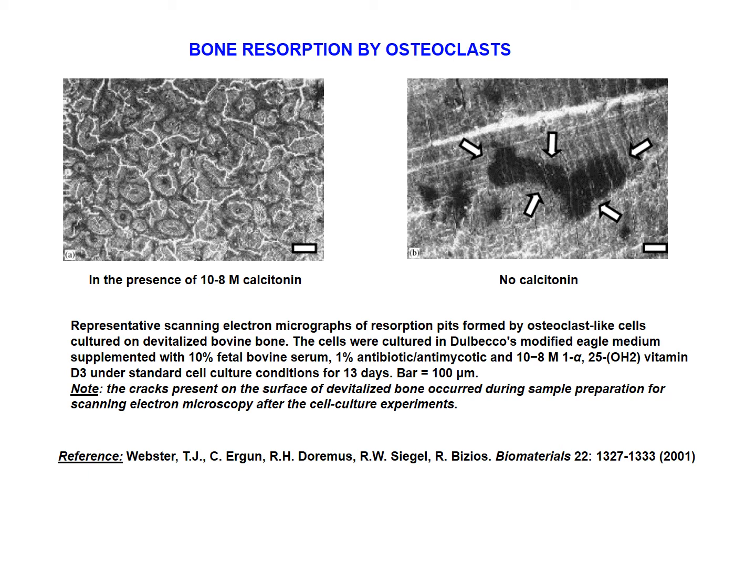On the scanning electron micrograph on the right, you see the results of what happens once osteoclasts are allowed to adhere and do their function, namely resorb the extracellular matrix of bone. You can see these darker areas which are the pits of the removed extracellular matrix of bone, which have resulted from the action and function of the activated osteoclasts.